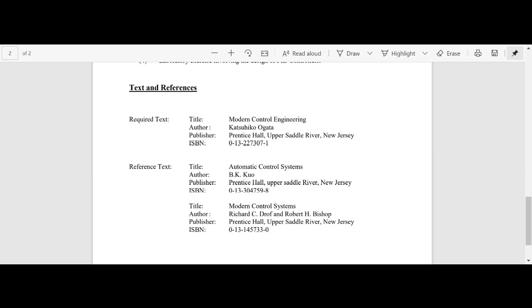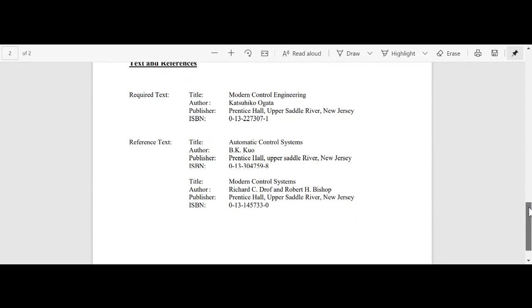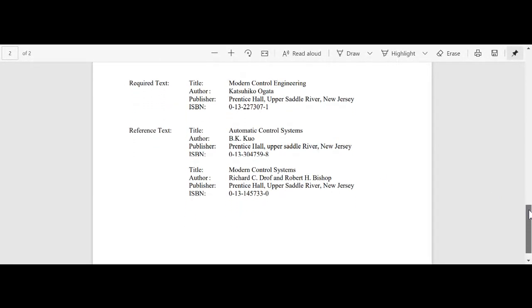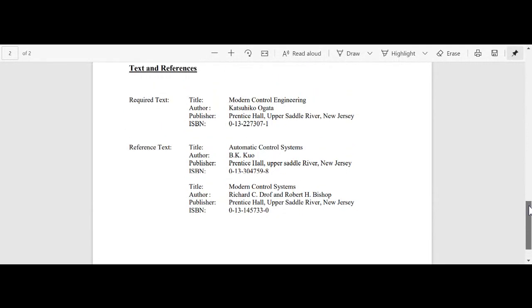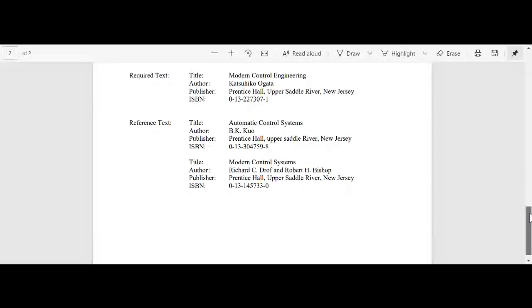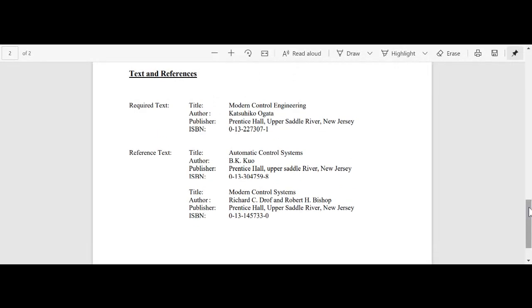The frank truth is, persons never normally go to the library that much to access these books. But just letting you know, these are the books available. If you happen to be on campus, you can go into the library and source these books. Otherwise, you can borrow them or find a soft copy.